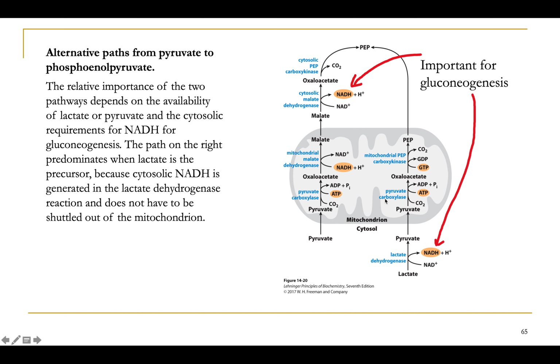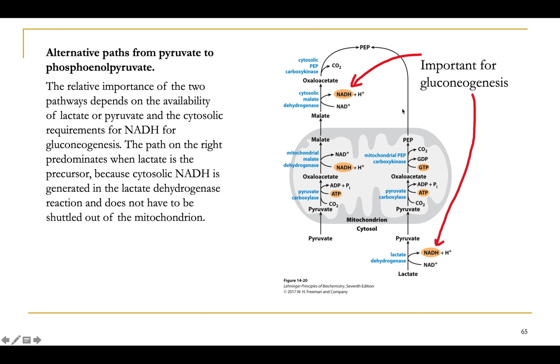It is converted to oxaloacetate in the same way by pyruvate carboxylase, but in this case, oxaloacetate is straight converted to phosphoenol pyruvate by the mitochondrial flavor of PEP carboxykinase, and PEP can travel through the mitochondrial membrane similar to pyruvate.